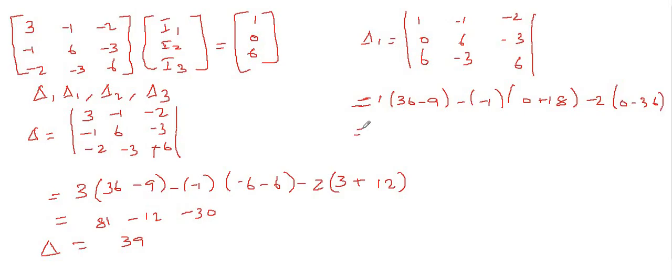So we'll get 27, and it is plus 18 plus 36 into 2, 72. So the value for del 1 is 117. So this is for del 1.